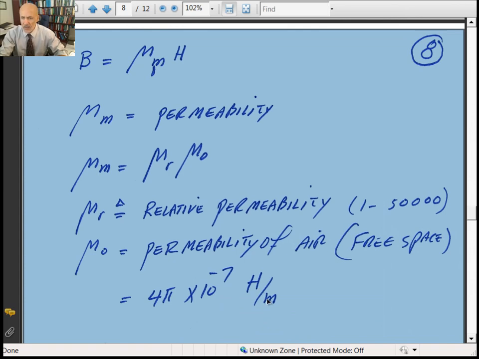Just like we had epsilon sub 0 for the electric field, which was 8.85 times 10 to the minus 12, as a constant to represent the permittivity of free space in case of an electric field, mu sub 0 is another constant that gives the permeability of air, which is 4 pi times 10 to the minus 7. So again, there's a strong analogy between electric field and magnetic field.